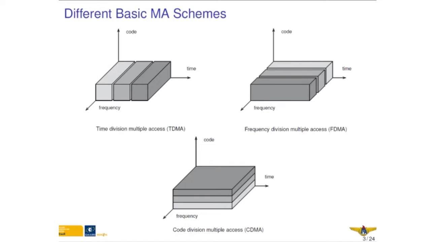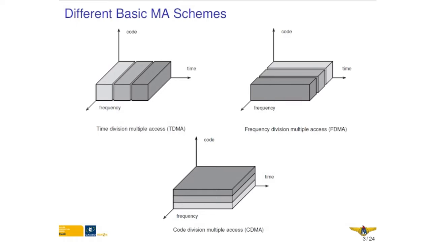In the upper left corner, we can see the TDMA schematic. The different users, marked in different gray shades, transmit in time slots and they use the complete frequency band available to transmit, but in turns in these time slots. On the upper right corner, we see the frequency division multiple access scheme.